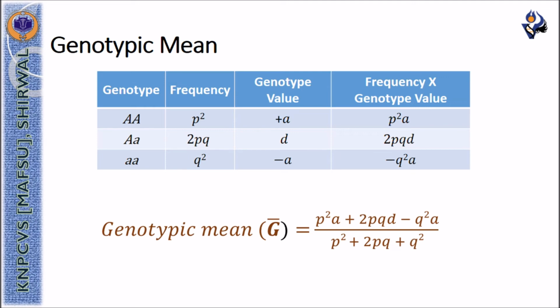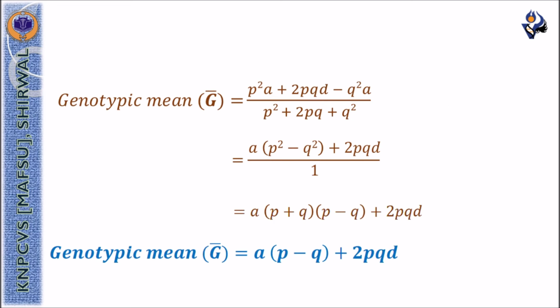In this table, we can see that the frequency of a particular genotype is multiplied with the respective genotype value, and the genotypic mean denoted with G bar is calculated by taking the sum of frequency multiplied by genotypic value divided by the sum of genotypic frequencies, which upon solving yields the formula a(p - q) + 2pqd, which denotes the genotypic mean of the given population.